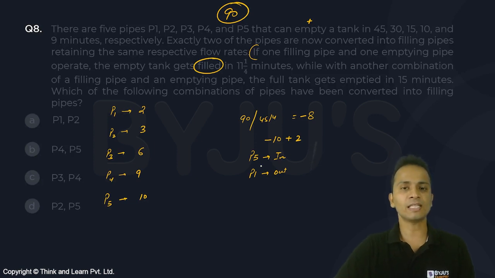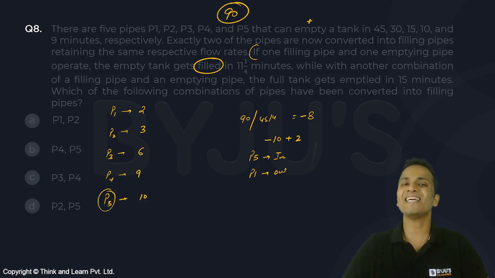So out of the five pipes which could originally empty the tank, P5 was one which was converted into an inlet pipe.